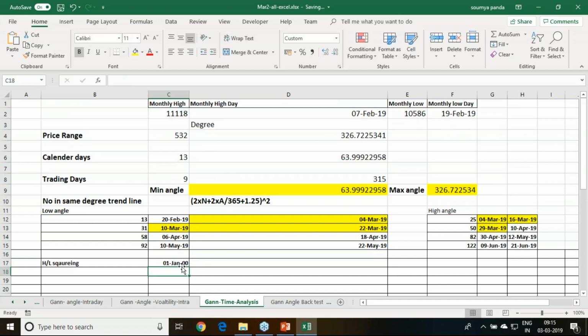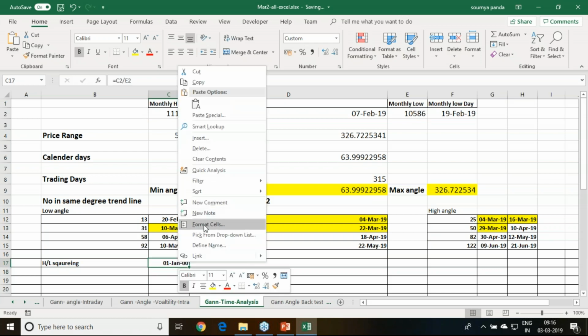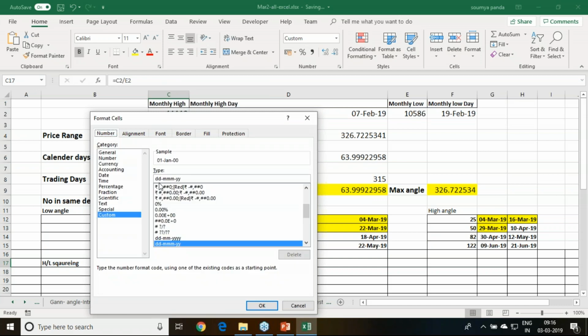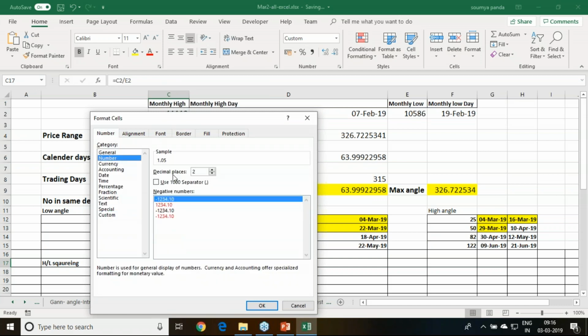High-low squaring is in the date format, so we can bring it to number format here. Nothing to worry. High divided by low was giving me some date format, so I have to change the format to number.